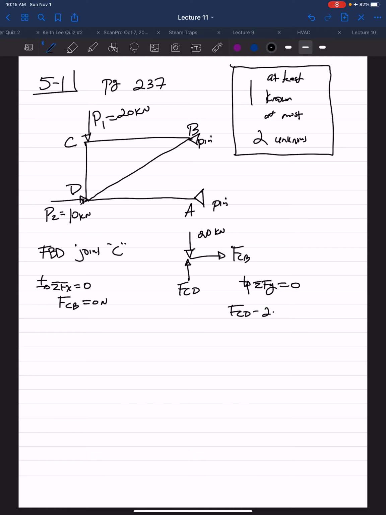I'm sorry, kilonewtons, not newtons. Equals 0. FCD is 20 kilonewtons. And since FCD is pushing into that joint, it is in compression.